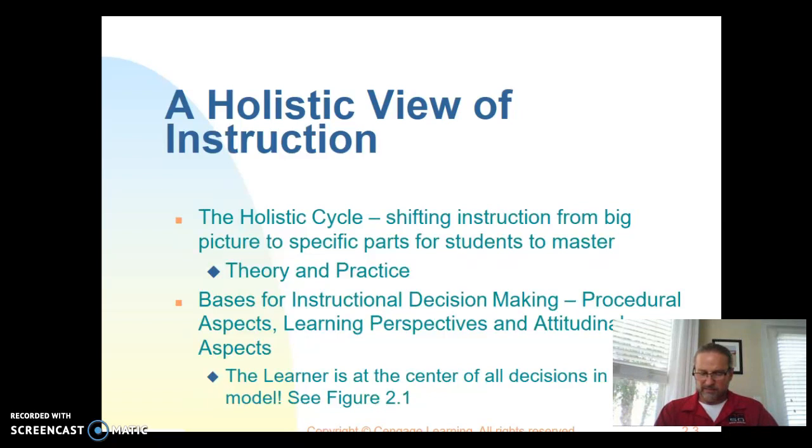That's critically important to understand, because these procedural aspects, we'll talk about some of those in assignment 1: planning, lesson design, classroom dynamics, instructional techniques, your assessment of learning, your implementation. These are all critically important aspects that are covered in 301, but we can never forget about couching each of these in some type of learning perspective, whether it's a developmental learning perspective, a behavioral, or a cognitive, and we'll talk about those in a second.